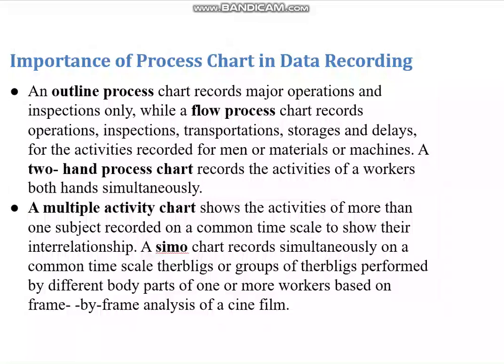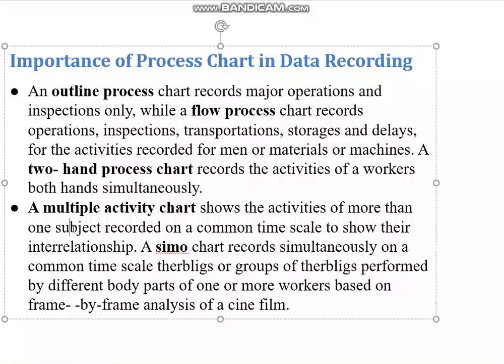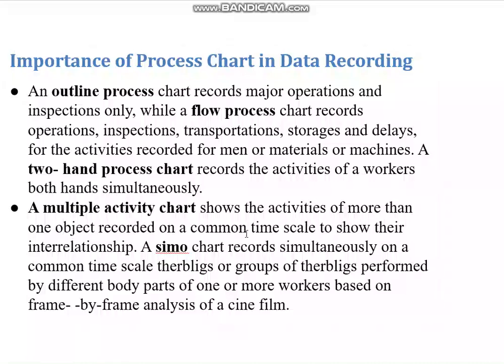So a multiple activity chart shows the activities of more than one subject recorded on a common scale. Why are they saying subject? We can say object. More than one object recorded on a common time scale to show their interrelationship.